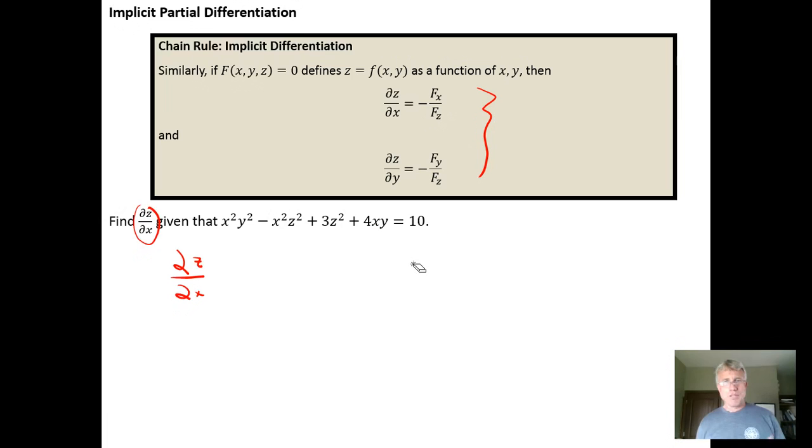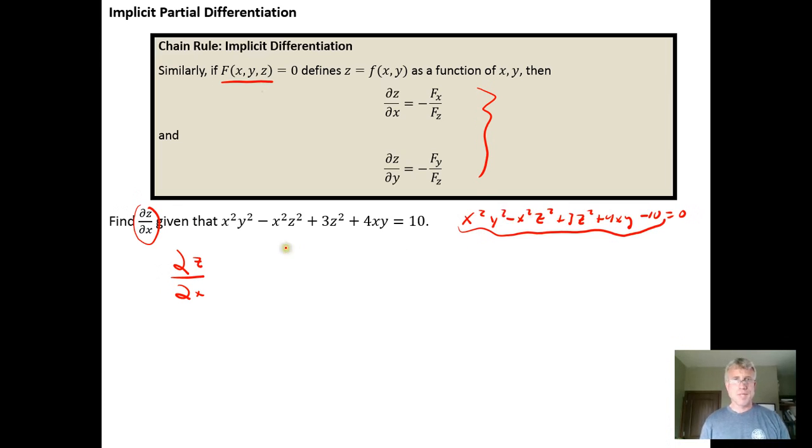The way this is going to play out is similar to how we played it out in the previous video. We're going to subtract that 10 off of both sides. So we get x squared y squared minus x squared z squared plus 3z squared plus 4xy minus 10 equals 0. Then we let this piece be our f of x, y, z.